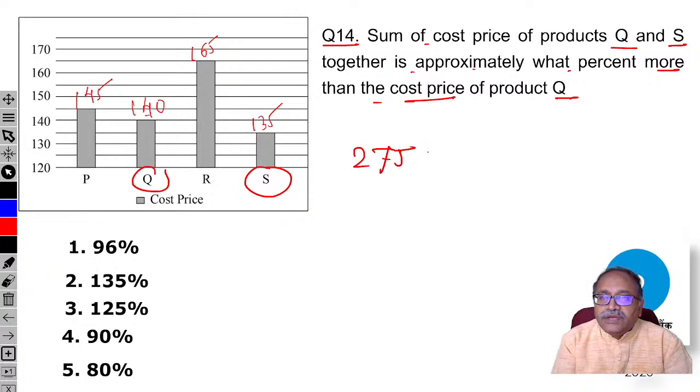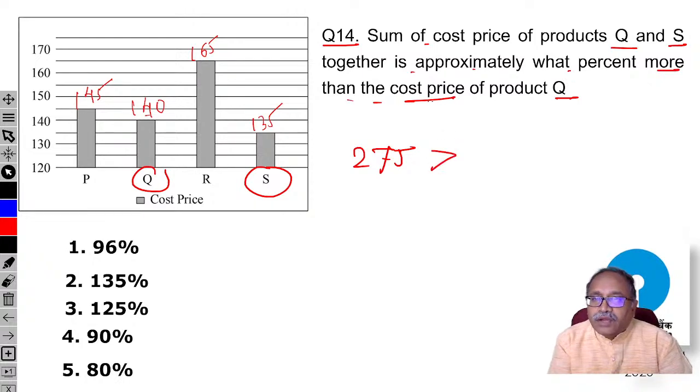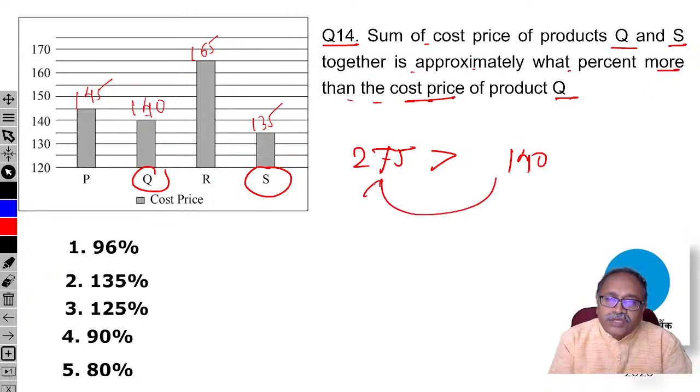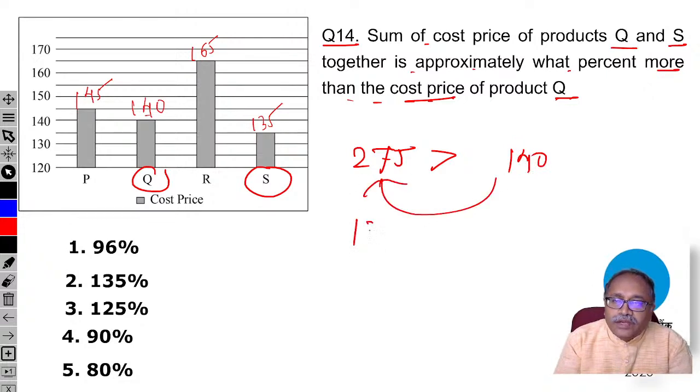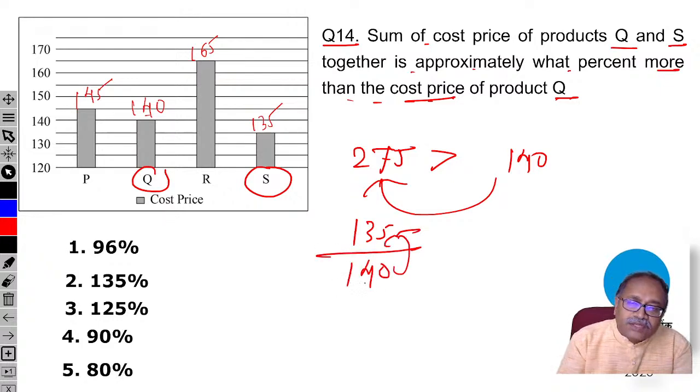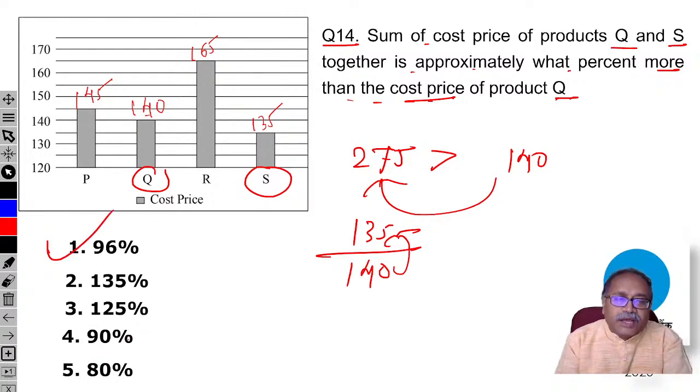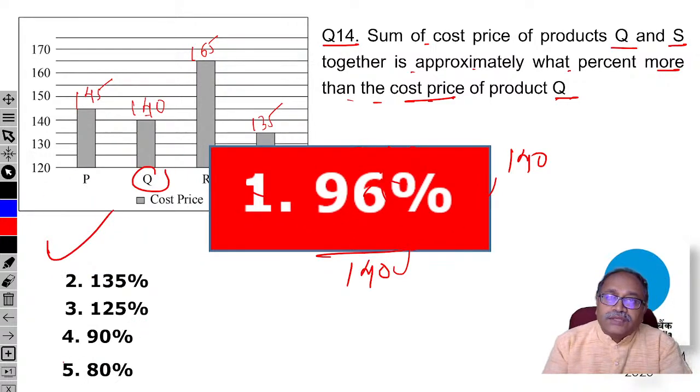It is what percentage more than the cost price of Q? Cost price of Q is 140. Is this more? Yes, more. How much more? 135 more. What percentage more? 135 is what percentage of 140? Can you see that it's very close to 100%? So my answer should be slightly less than 100%. Look at this one, slightly less than 100%, 96 should be the answer. Option 1 is your answer.